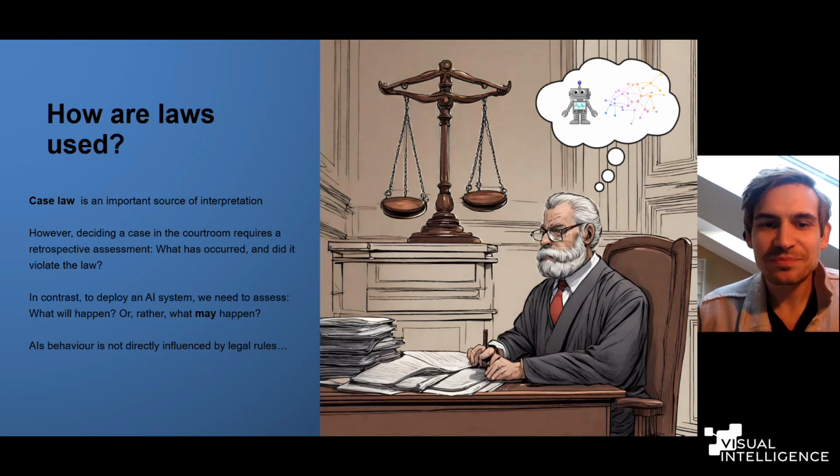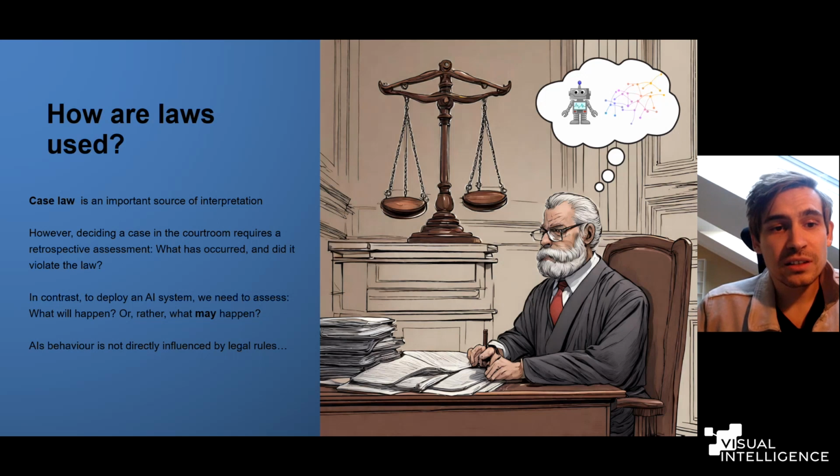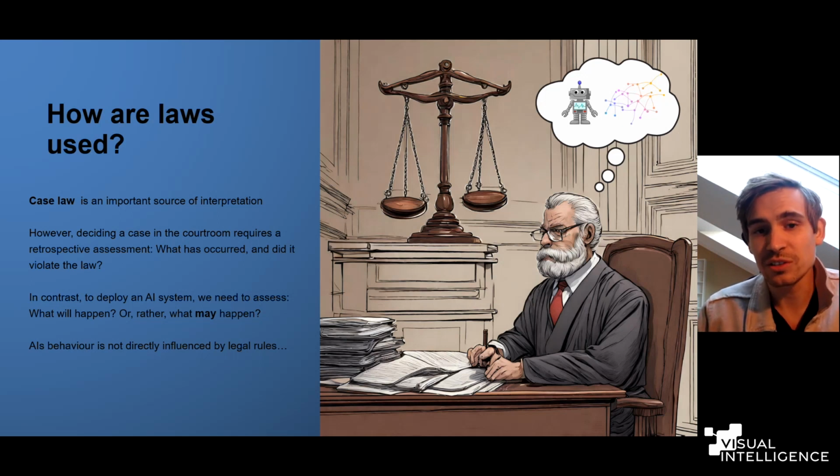However, in this case, the judge is thinking about how to deal with a case concerning an AI system that went wrong, or someone who's claiming that the AI system discriminated against them or led to them not receiving, for example, a benefit that they are entitled to. And this is sort of different from the assessments that judges are used to, where they typically have case files.